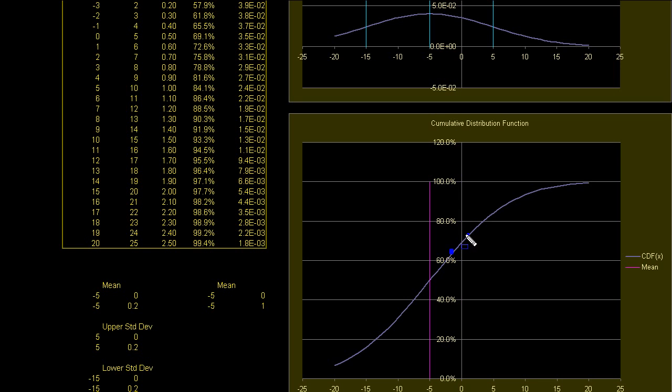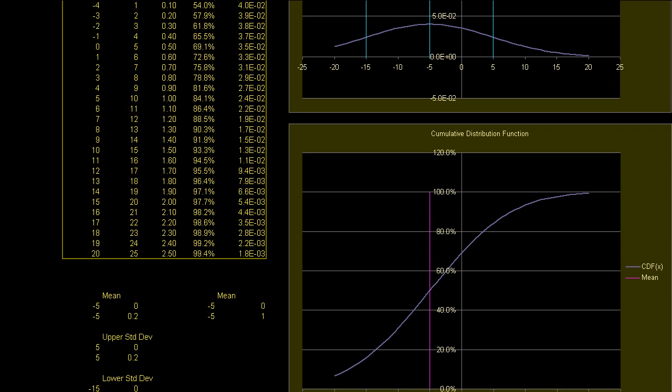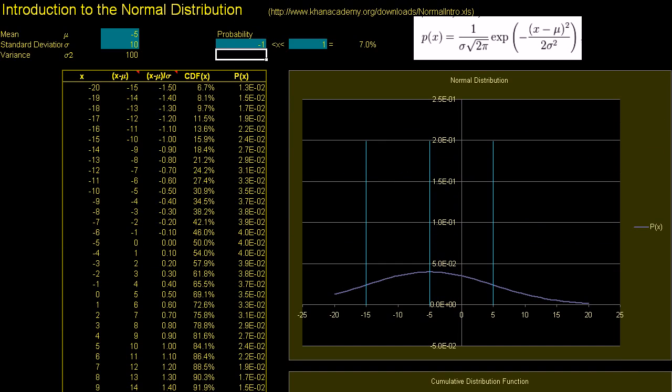I subtract this number from this number, and that tells me the probability that I'm between those two numbers. Or another way to think about it, the area right here. I really encourage you to play with this and explore the Excel formulas and everything. This area right here between -1 and 1.